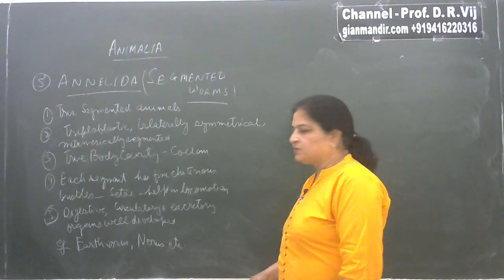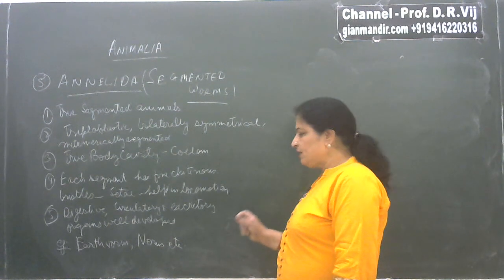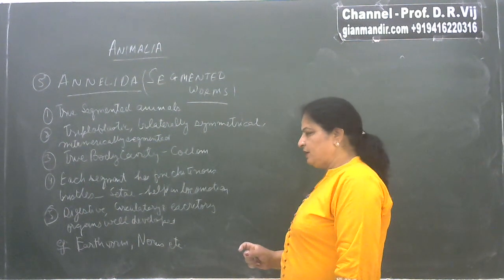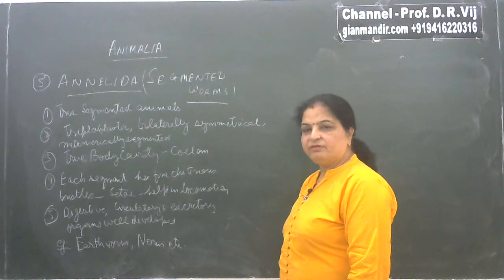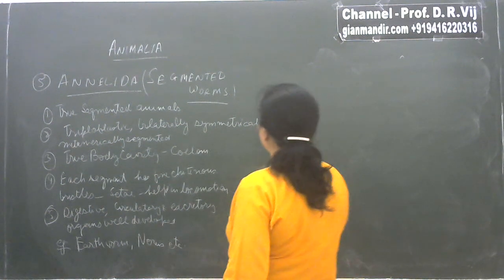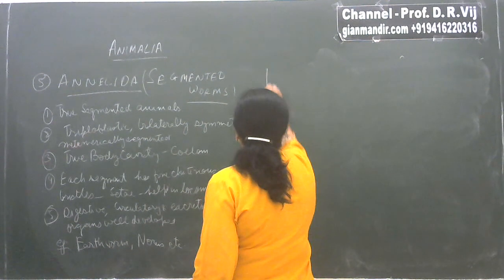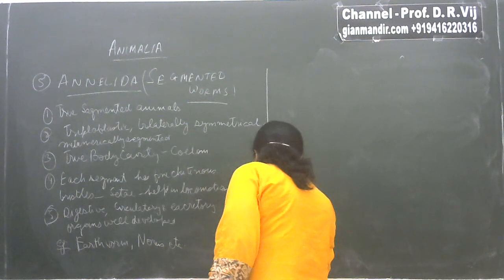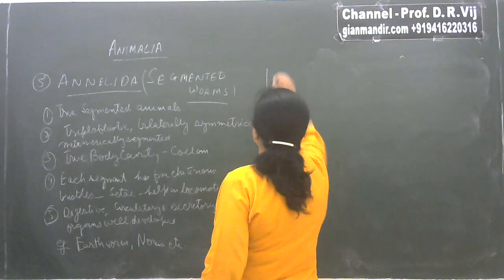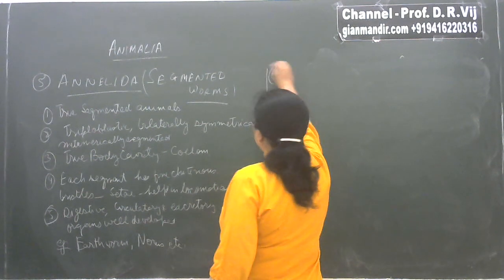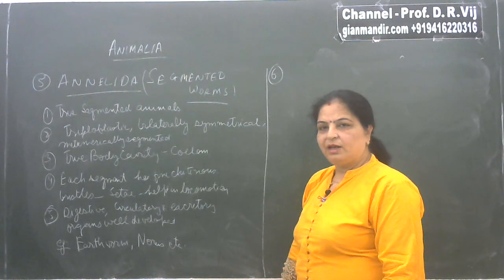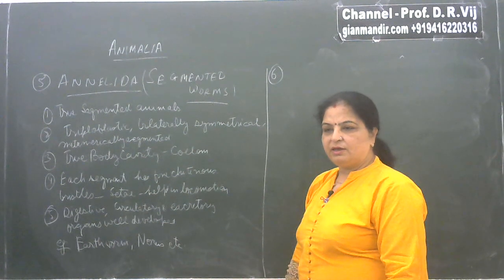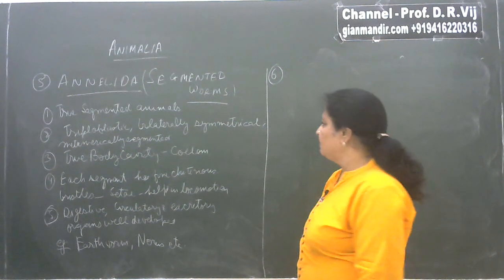They have well-developed digestive, circulatory and excretory organs. Earthworms are known as the best friends of farmers because they make the soil porous, which increases the water and air retention capacity of the soil, increasing its fertility.